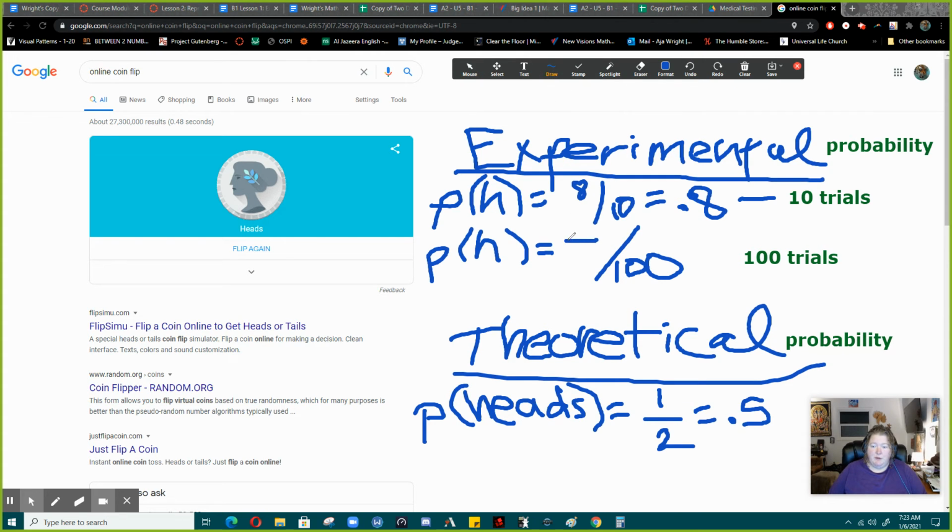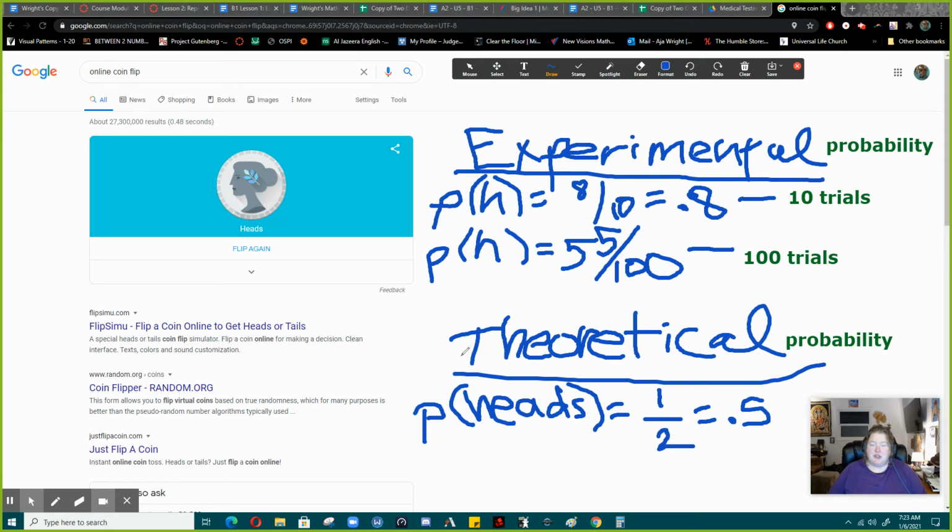So my probability became 55 out of 100, or 0.55, 55%. So the more trials I did, the closer to the theoretical probability I'd get. It's still not going to be perfect, but the more trials you do, the closer you're going to get to your theoretical probability.